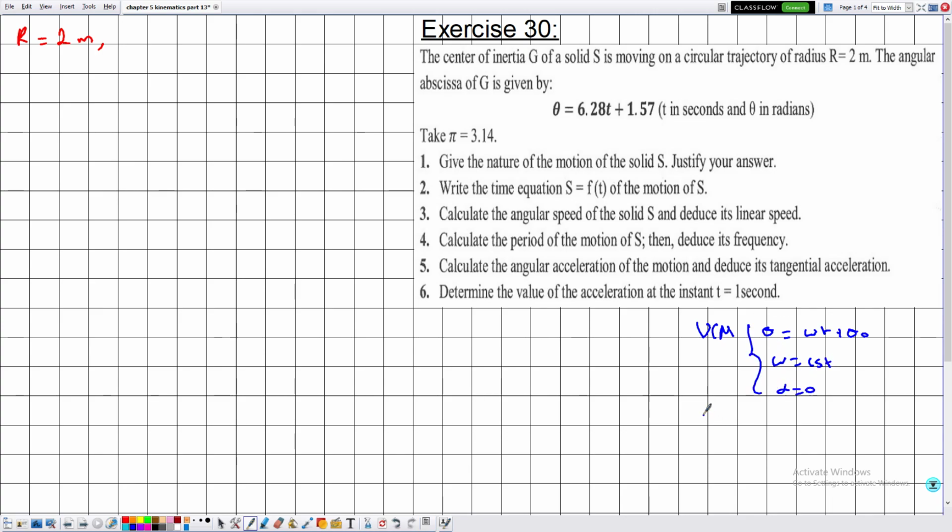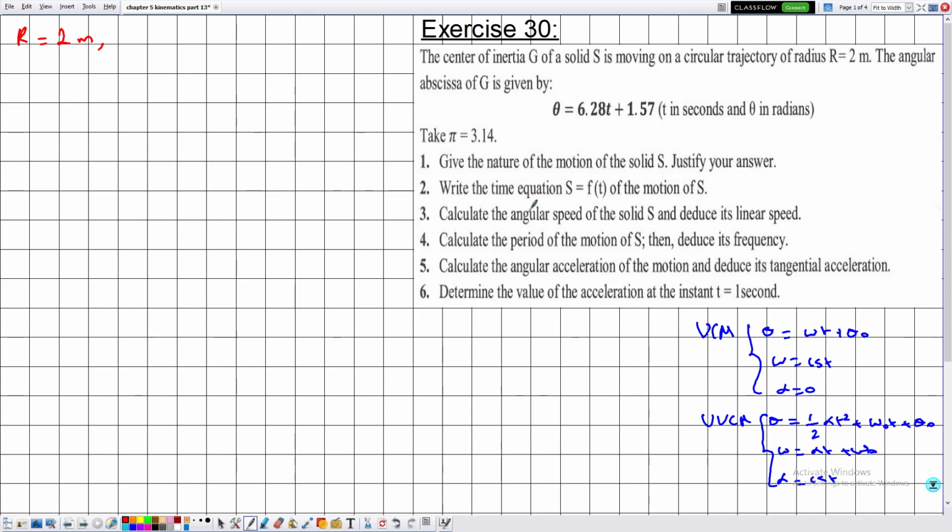Whereas in the case of UVCM, theta is quadratic in time, in which omega is equal to alpha t plus omega 0 and alpha is a constant. Okay, so now let's get back to the question.